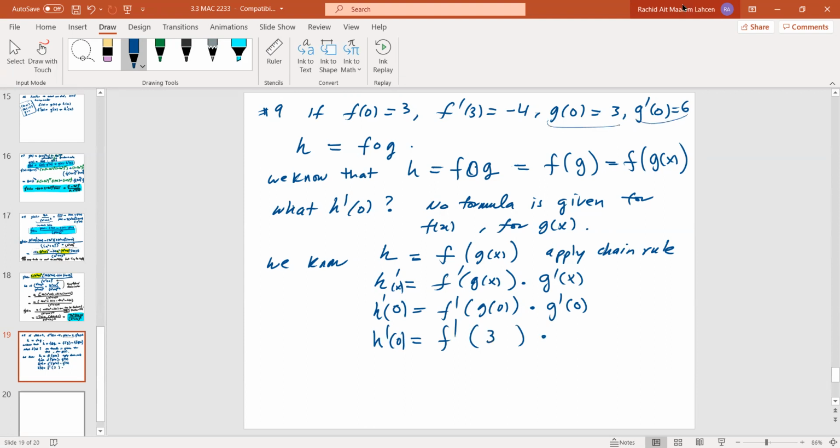What is g prime of 0? It's 6. So we can substitute these inside. Then it's like opening parentheses inside out. All right, now we need f prime of 3. f prime of 3 is negative 4, times 6 will be negative 24.